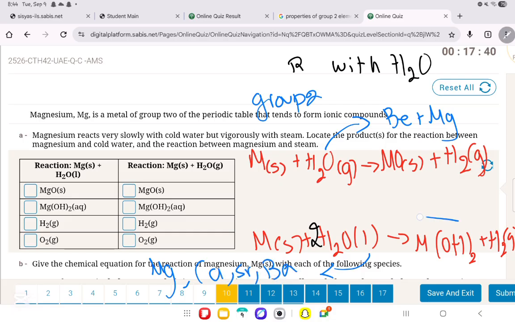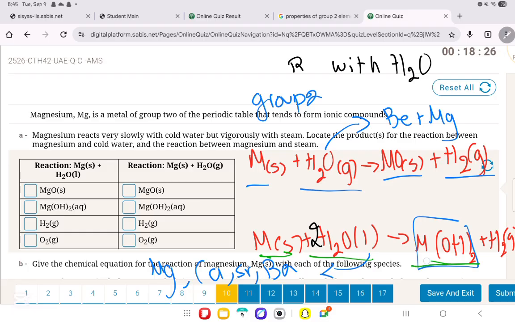And then for the M(OH)2, based on where they are in the reactivity, as you go down the group, we will see whether it's solid or aqueous, okay? So this is the condition, first of all, with water. So for the reaction with H2O gas, the only 2 that react are beryllium and magnesium. So metal will react with water that is gas, to give us a solid metal oxide and hydrogen gas. However, metal will react with 2 H2O liquid, to give us what?